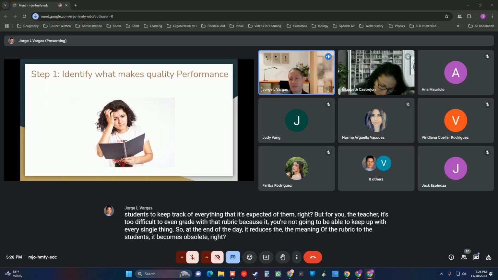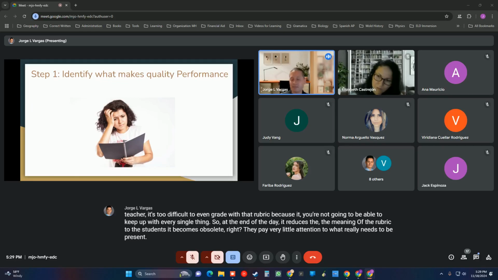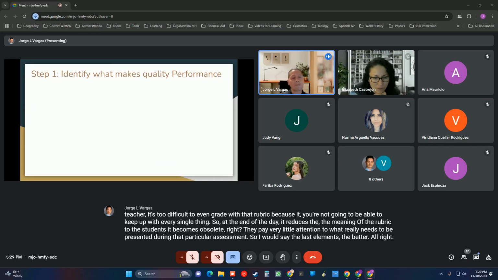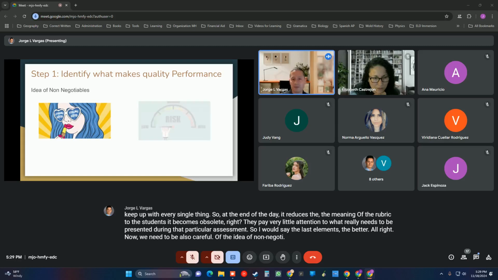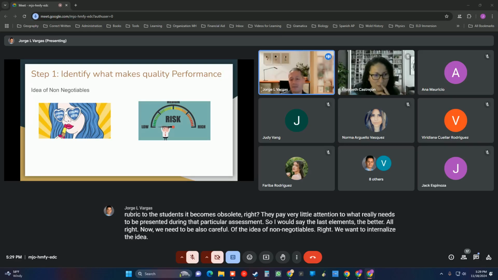Now, we also need to be careful of the idea of non-negotiables. We want to internalize the idea that looking good or playing it safe during a presentation or an assessment is not going to lead to improved proficiency. We need to encourage our students to sometimes take risks, and not just do the very basic, the very minimum.